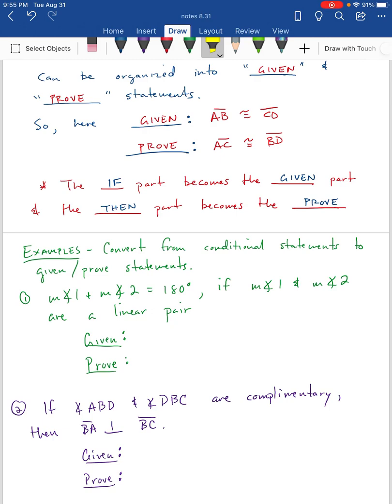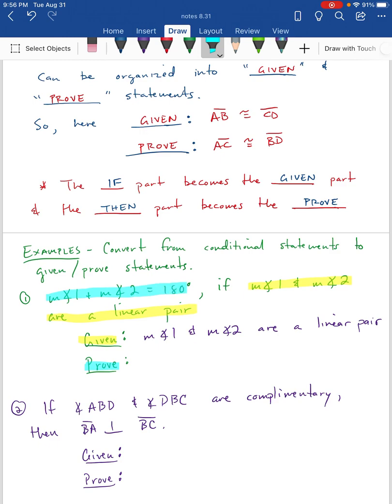So the if part, everything after that I am highlighting, is your given information. So I'm just going to rewrite it without the if. So the measure of angle 1 and the measure of angle 2 are a linear pair. Now, for the prove part, that is everything before that.